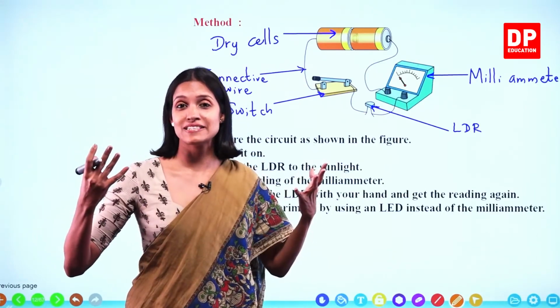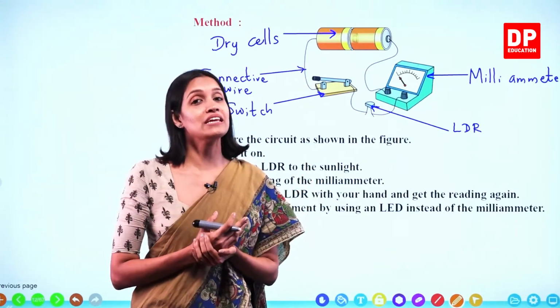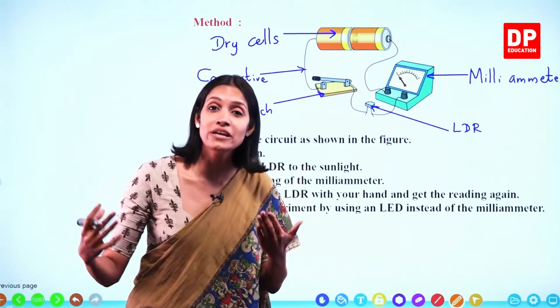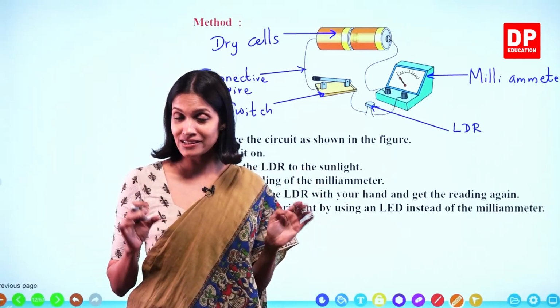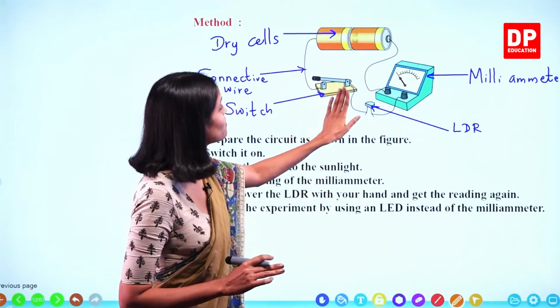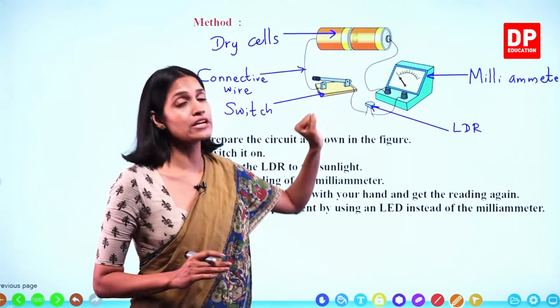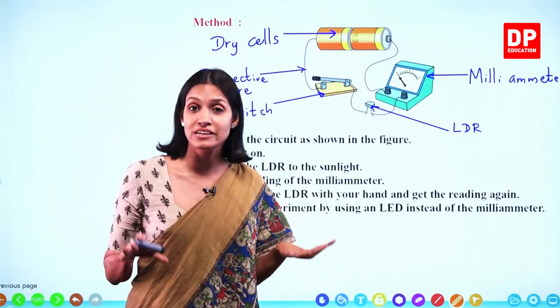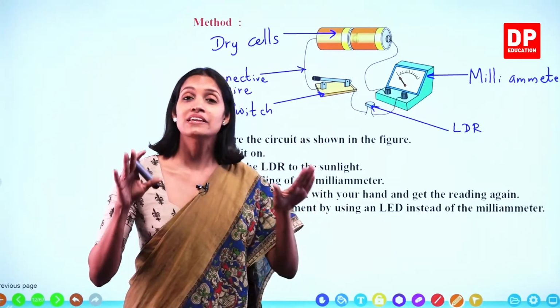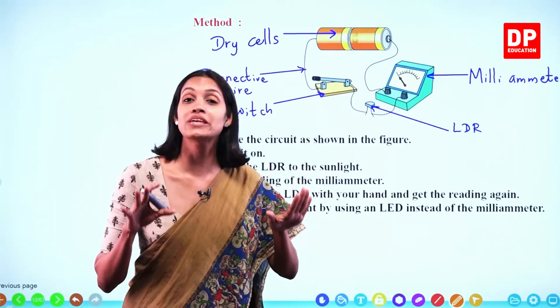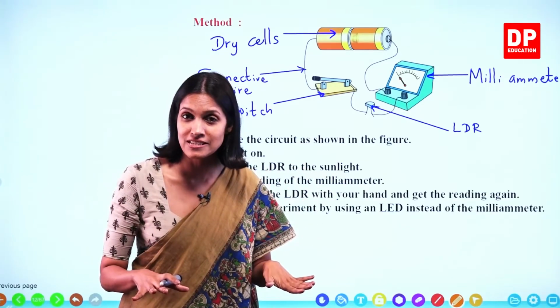It increases. So the brightness of the LED increases again when more electric current flows through the circuit, right? So what happened when we covered the LDR with our hand? What happened to the brightness of the LED? It decreases, which means the current flowing through the LED reduces.